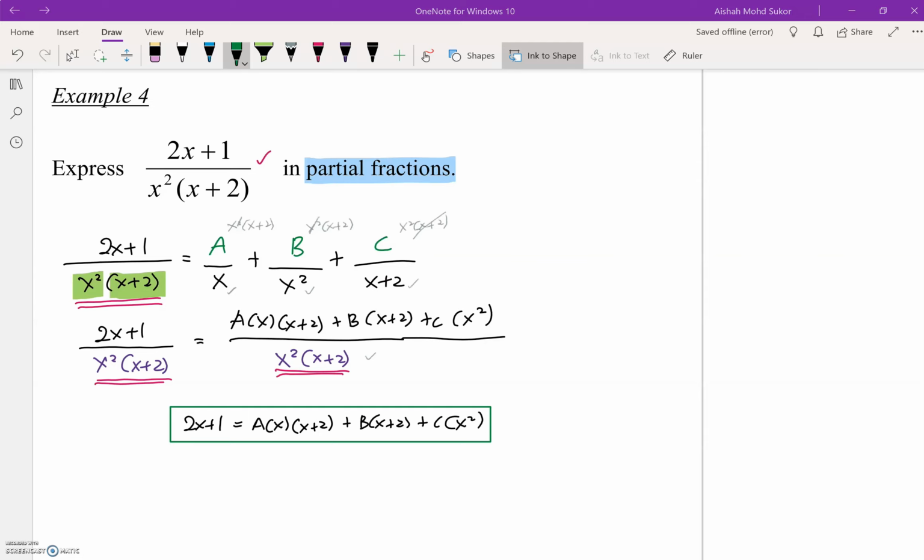So now you can use the numerator to find the values for a, b, and c. So now you have three constants a, b, and c, so you have to choose three x values. The first value is 0, the second value is negative 2, and you can use any value for the third x. I'm going to choose x equals 1.